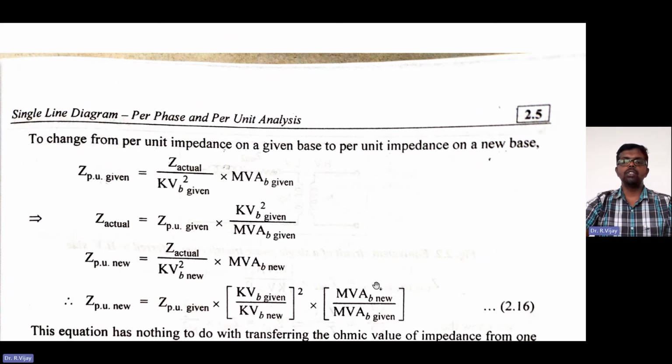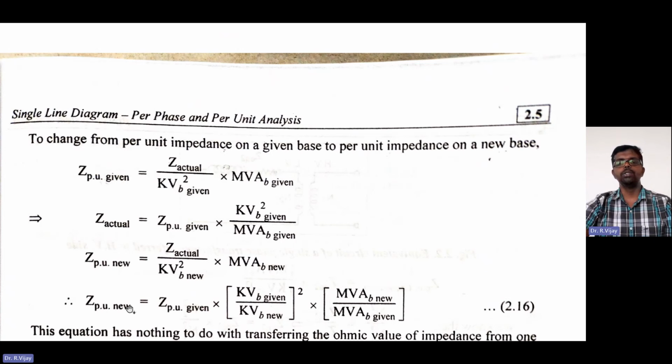This is the actual formula for calculating the Z per unit new. So this formula you need to remember. If you don't remember, you can also come up with this formulation, but it will take more time. If you remember, you can easily substitute and calculate the Z per unit new values.